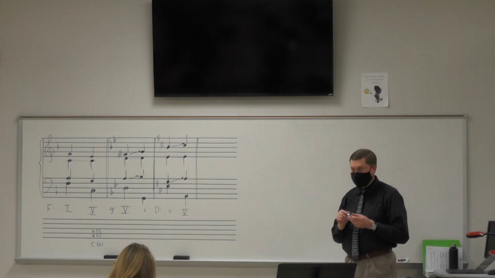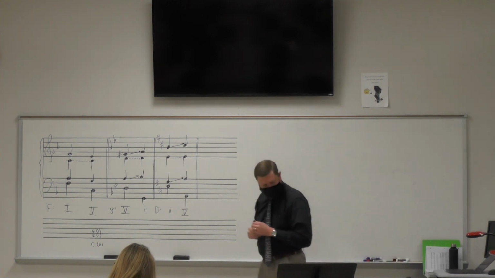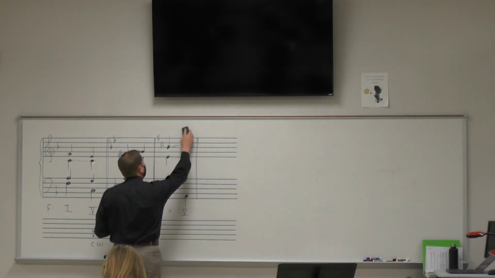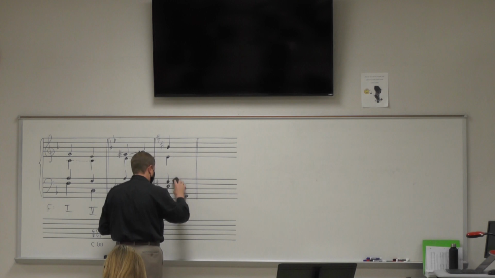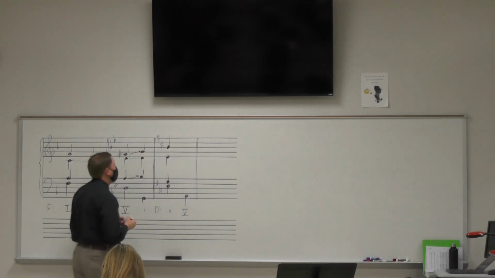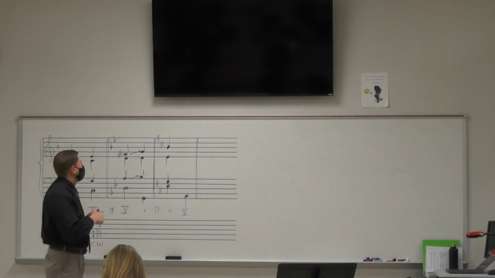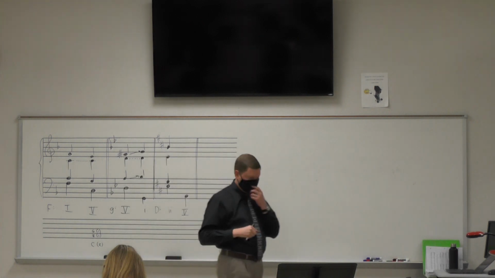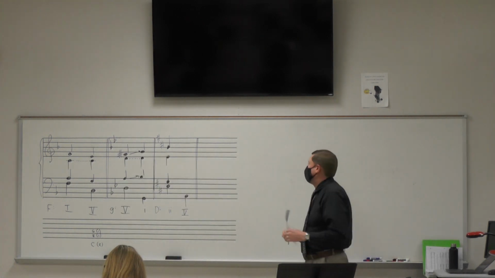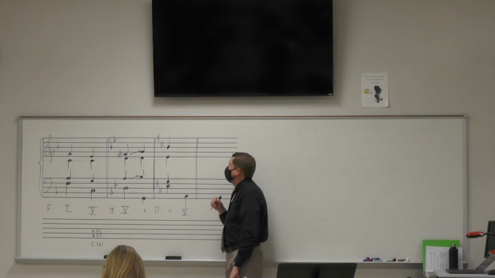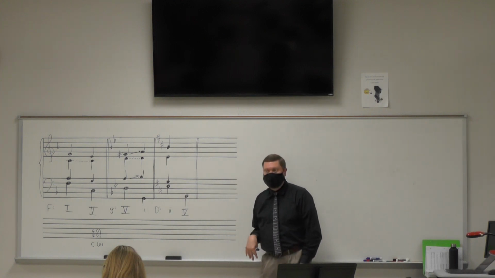Can you do it in option 2 as well? You bet. Option 2 says move all 3 upper voices in the same direction with no leap larger than a third. Well, so now the question becomes, do I take my upper 3 voices up or do I take them all down?